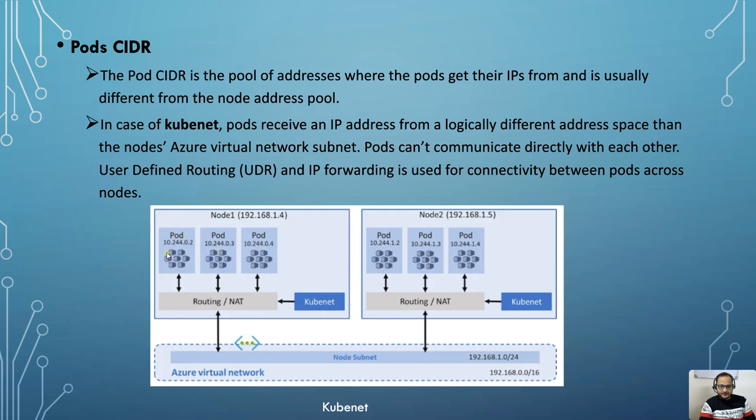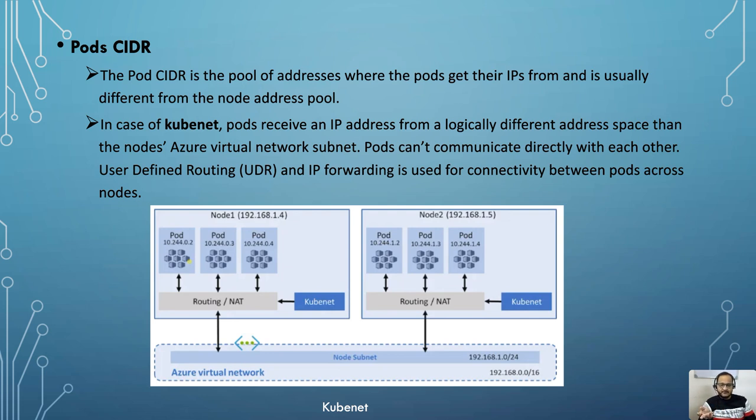But here we have the pods, three pods. If you see, the pod IP address is completely different; it's not a part of the Azure virtual network. So this pod IP is 10.244.0.2, and again here we have 0.3 and 0.4, and on node 2 we have a different series, 10.244.1.2. Whatever IP addresses these pods get are completely different.